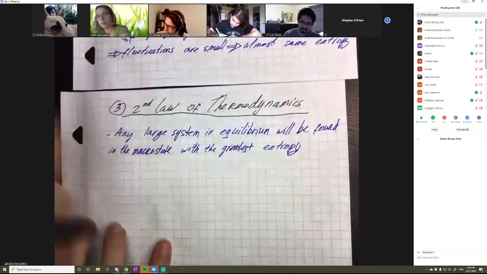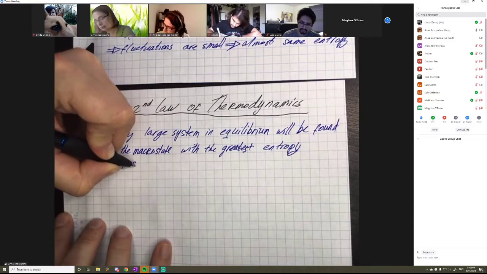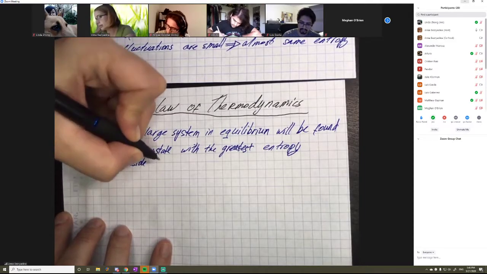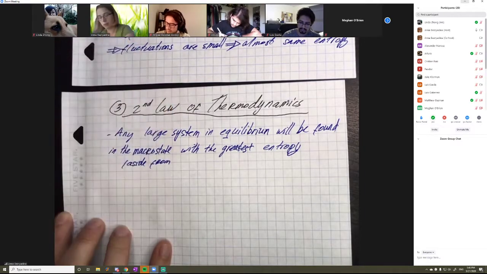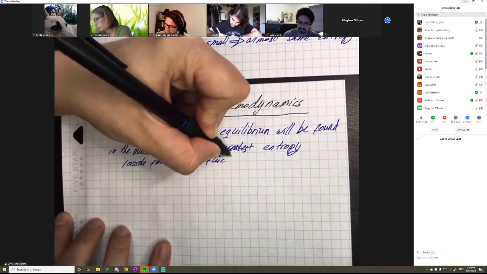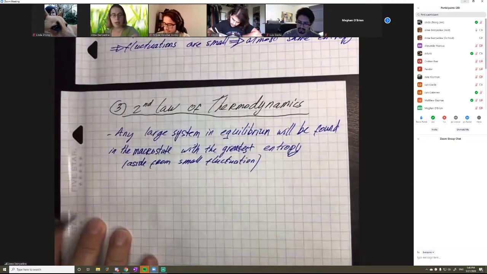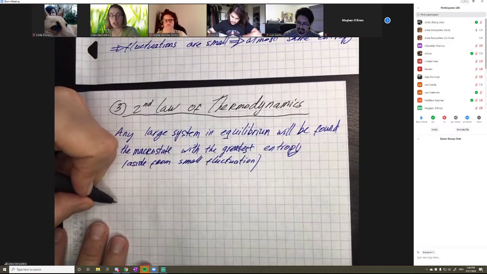Okay, entropy, aside from fluctuation. I always need to mention it. Aside from small fluctuation. Okay, and entropy tends to increase.